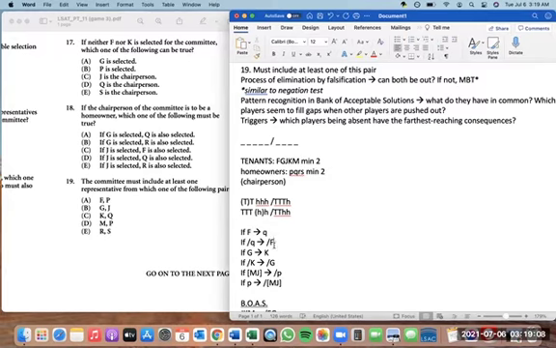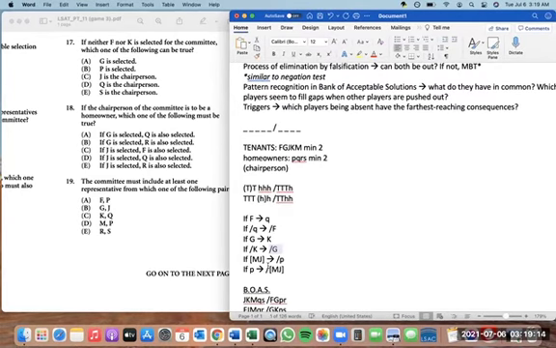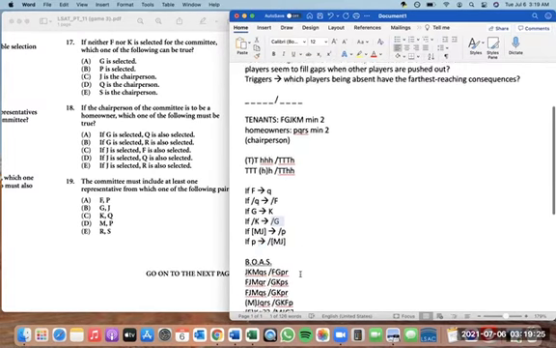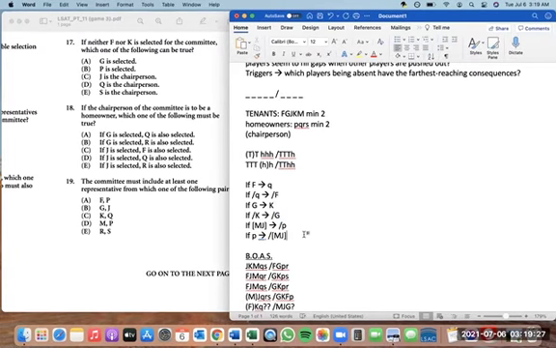Same with B: not having G is not a trigger. And D: not having M isn't a trigger, and not having P isn't a trigger, at least in their relationship towards one another. We could have both of them out, and there's absolutely no problem with that.